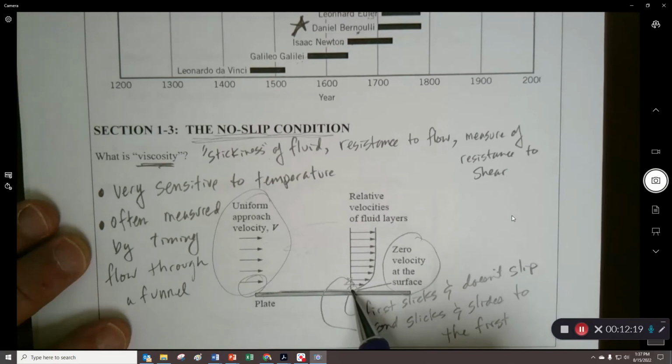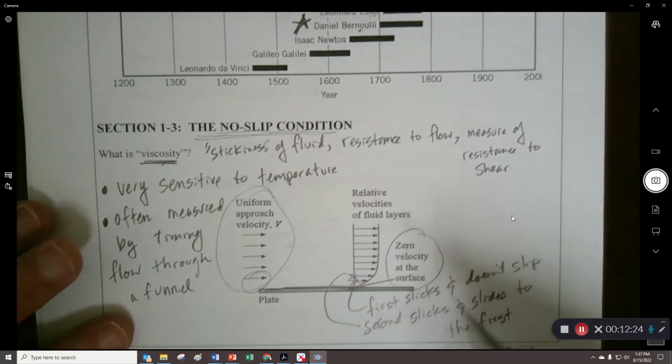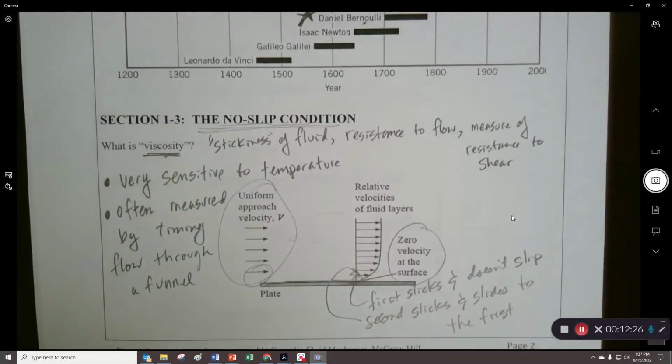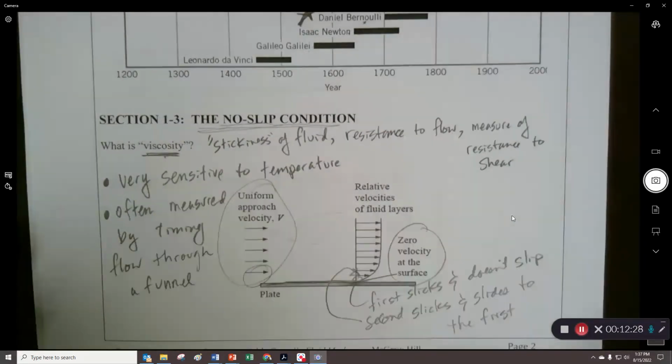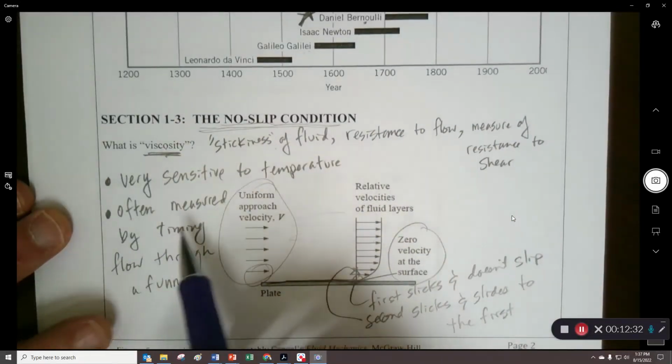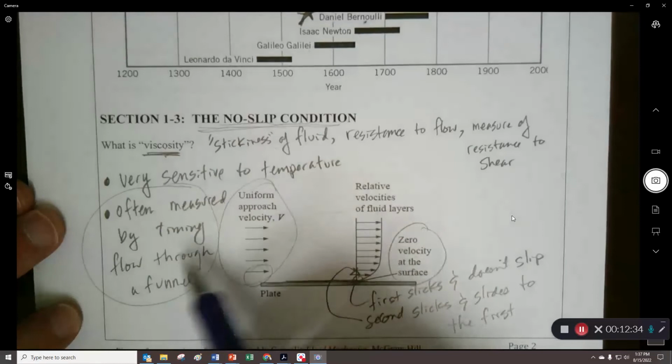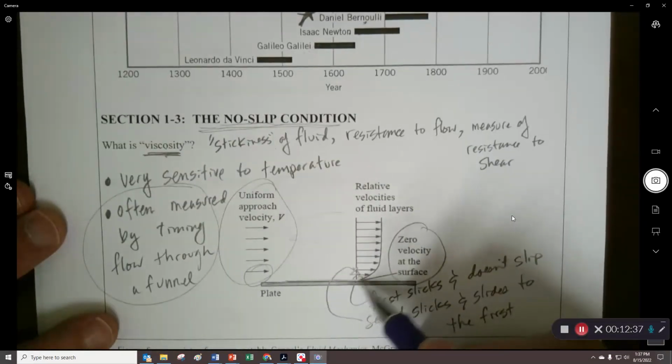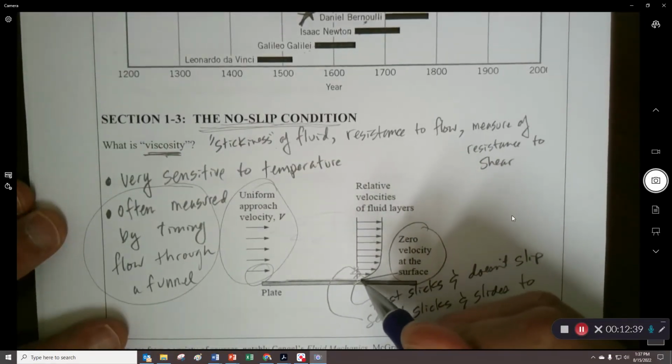Now it's going to completely stick. The first molecule completely sticks to the plate. The second one sticks to the first one, but can slide, right? And another measure of viscosity, now this is not how we typically measure it as a practical matter, but another definition of viscosity is the slope.